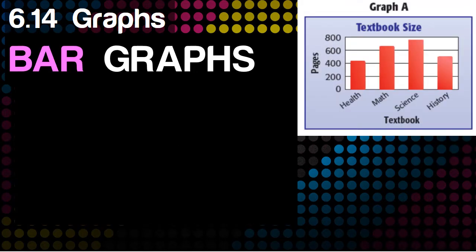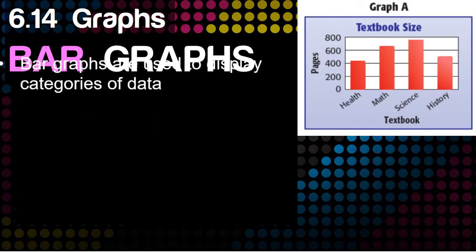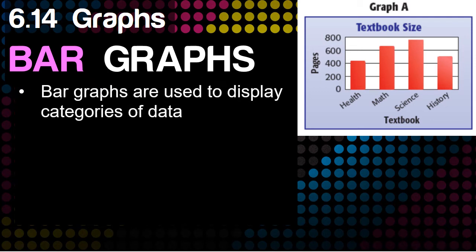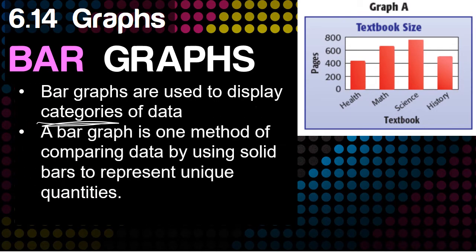So here we got bar graphs. And so some interesting features about bar graphs. They're used to display categories of data. And the bar graph is one method of comparing data by using solid bars. Bar graphs, you're using solid bars to represent unique quantities.